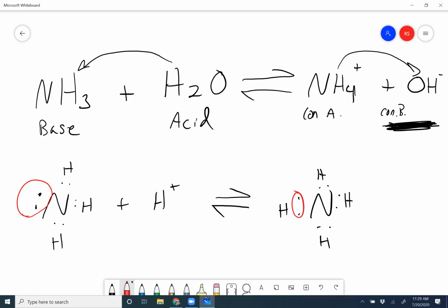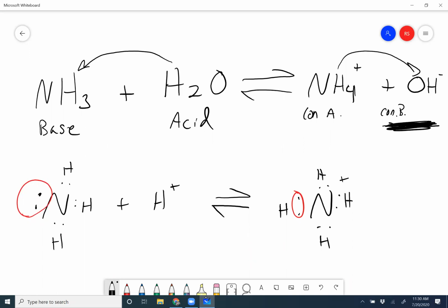The hydrogen came in and just said, hey, I want to borrow your lone pair of electrons. And so the ammonia is a Lewis base because it was an electron pair donor.